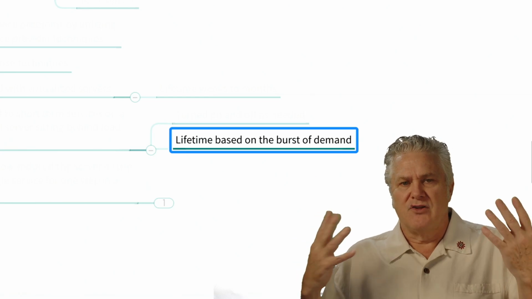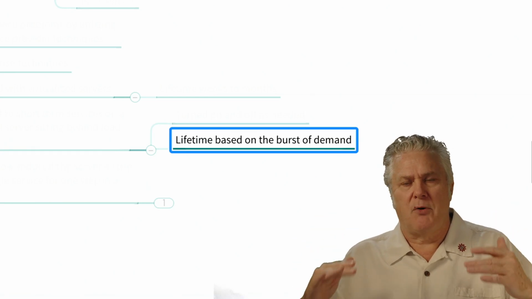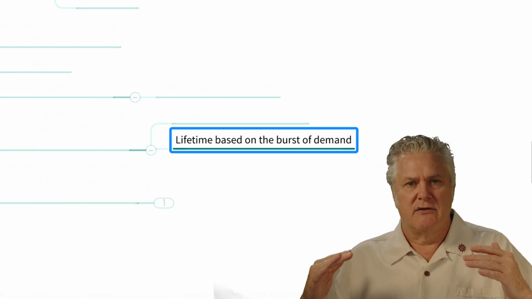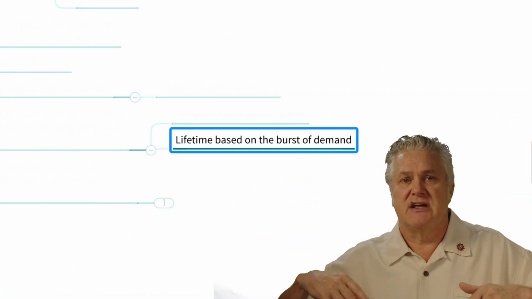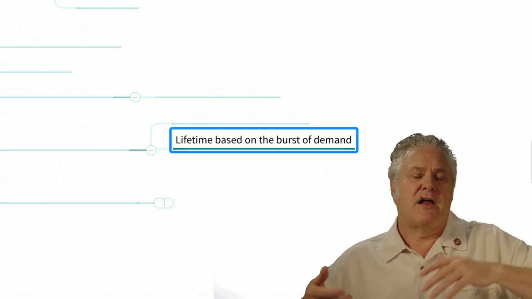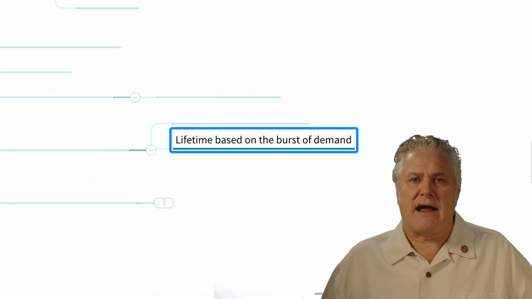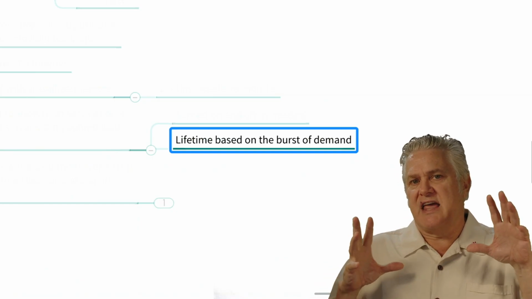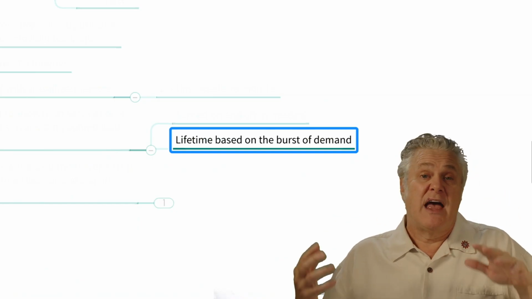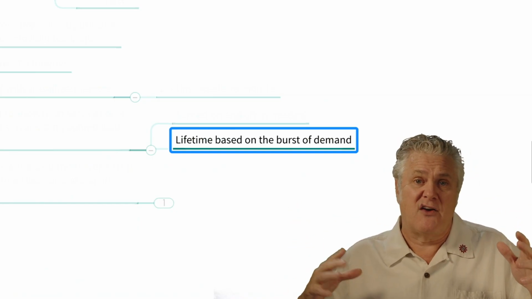Now, the lifetimes here are based upon bursts of demand. So in theory, what we could do is have a rack of virtualization with 1,000 CPUs in that rack. And we can say at these business times, we're going to dedicate all those CPUs to end of month closing for accounting and inventory.